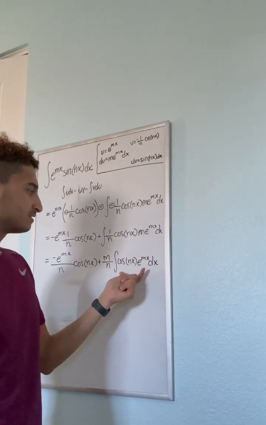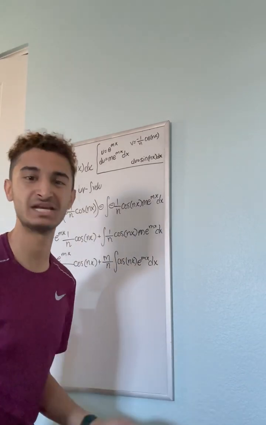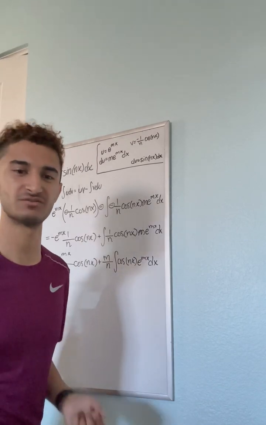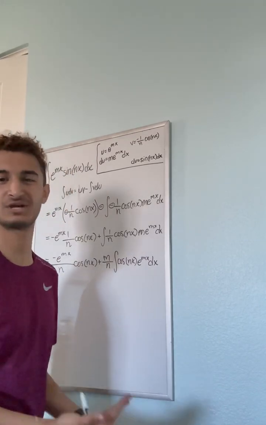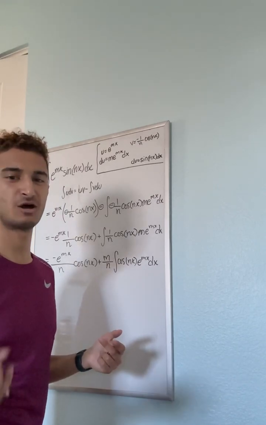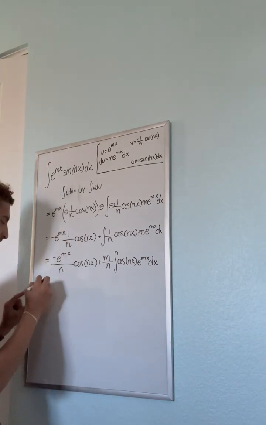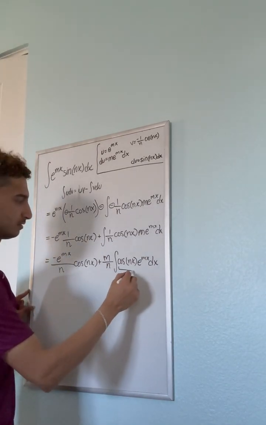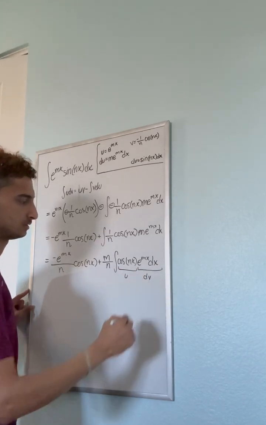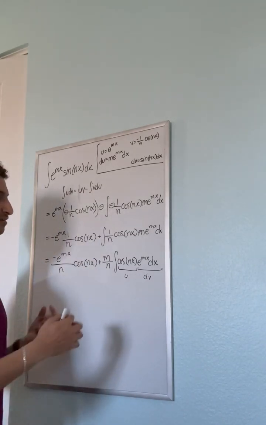Now, all we have is things in terms of x, so we can use integration by parts again. We have already done integration by parts, so if you want to pause the video and try this out for yourself, you can do that, because I'll be telling my students to do that. Okay, now we have to let this equal u and this be dv. Now, this m/n will be on the outside of that entire integral.